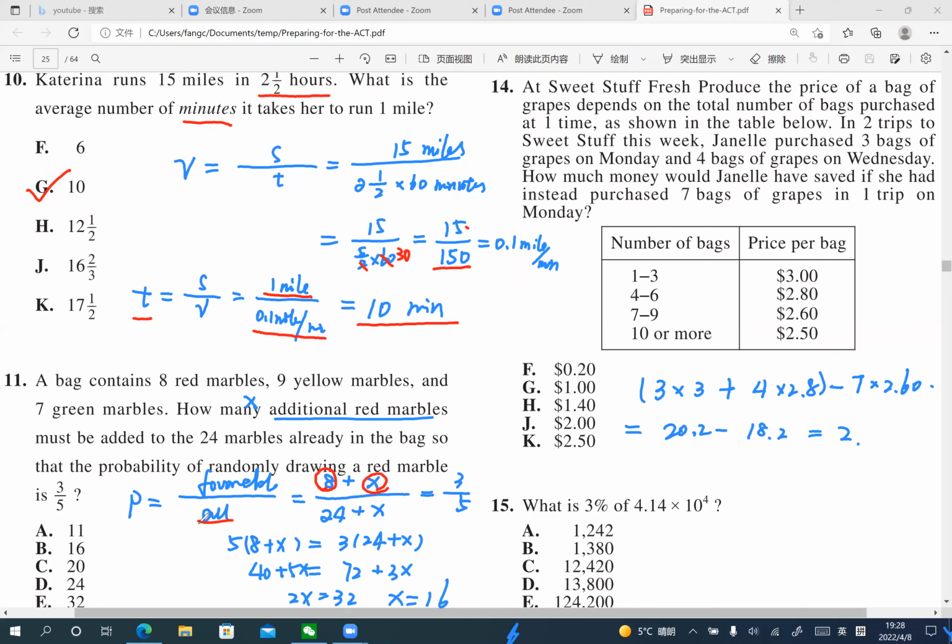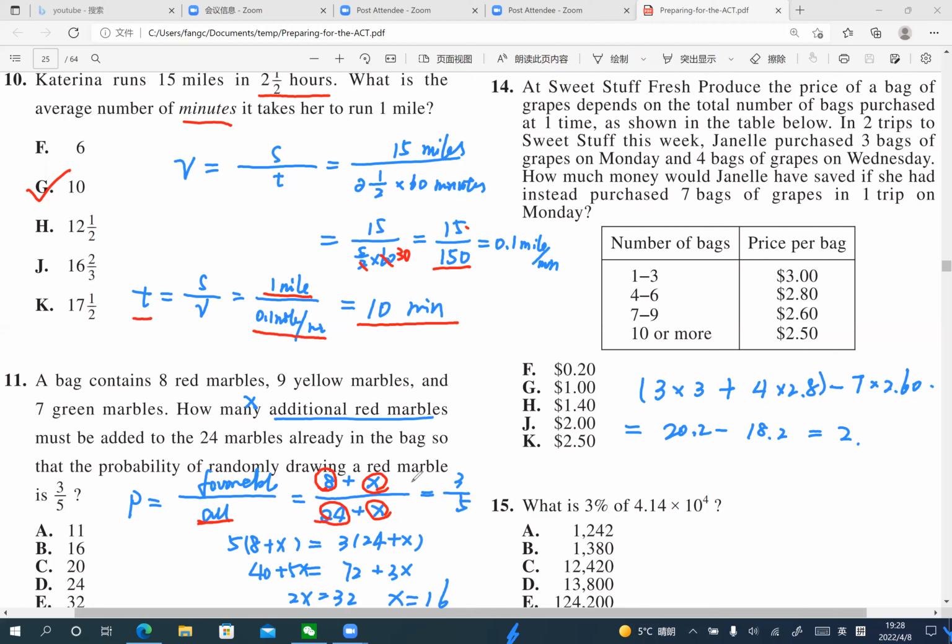And the number of all possible outcomes should be equal to the original 24 marbles plus the X additional red marbles, and equals the probability 3/5.